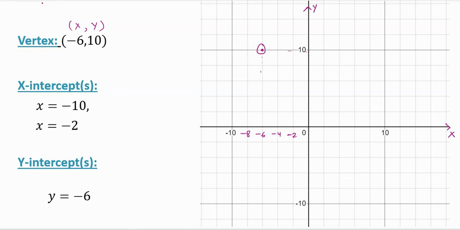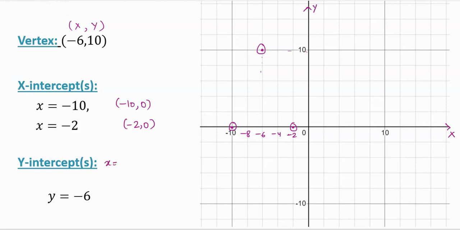Now, next are the intercepts. The value of x is -10 and x is -2. So x equal to -10 is here at this point, and x equal to -2 is here, and the value of y is 0.